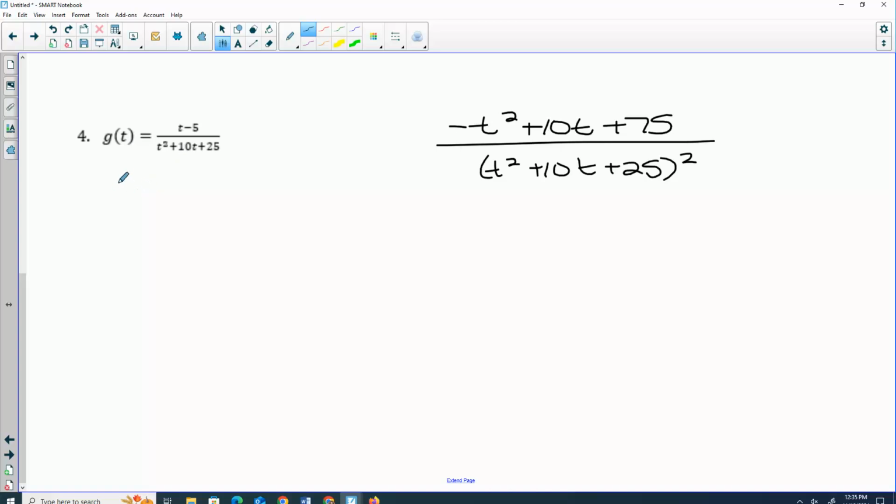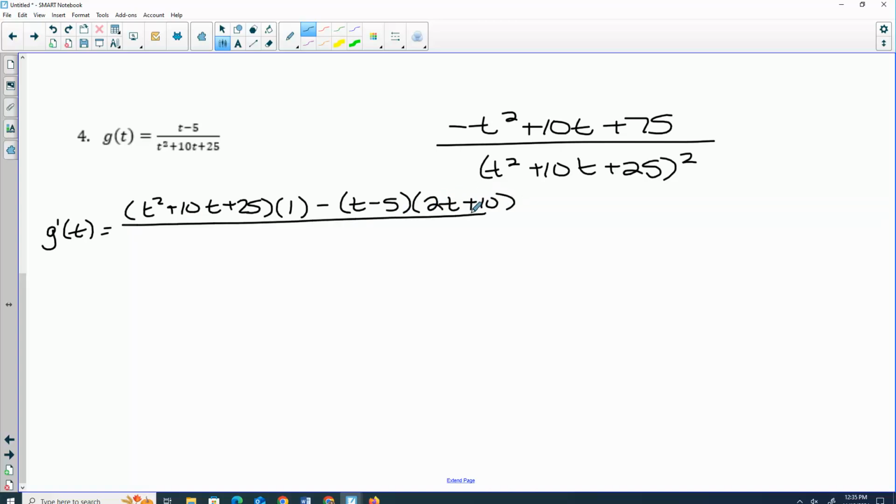Just drop squared. So when you do quotient rule, that's low, d high, derivative of the top is 1, minus high, d low, derivative of the bottom will be 2t plus 10, over low squared.